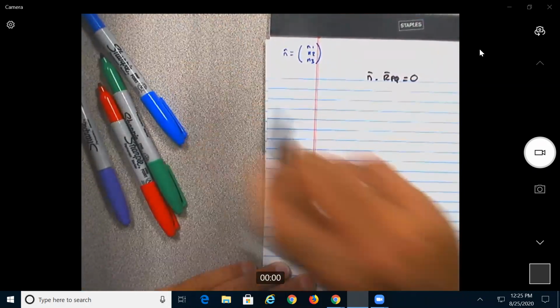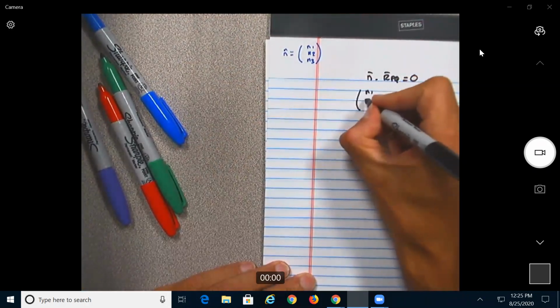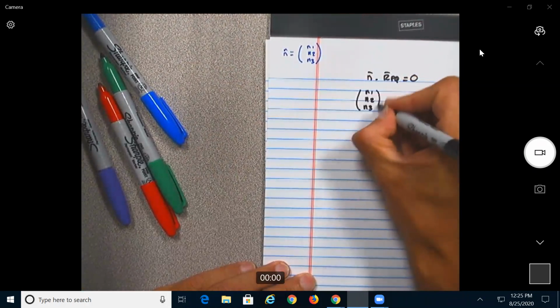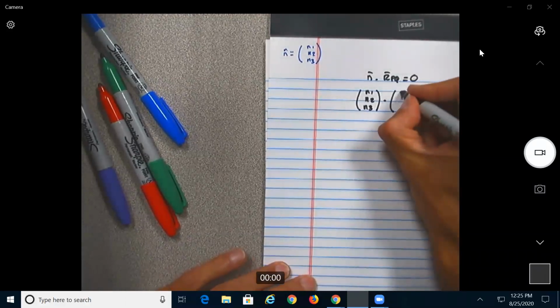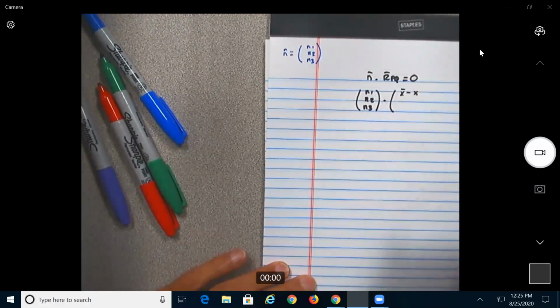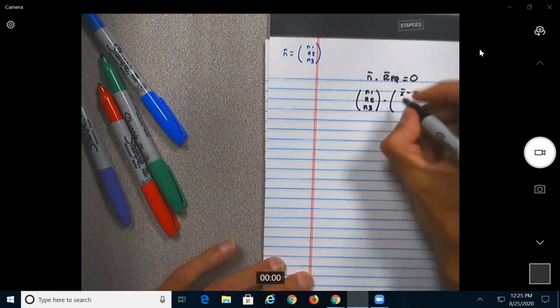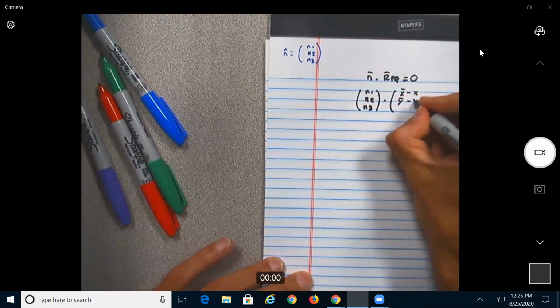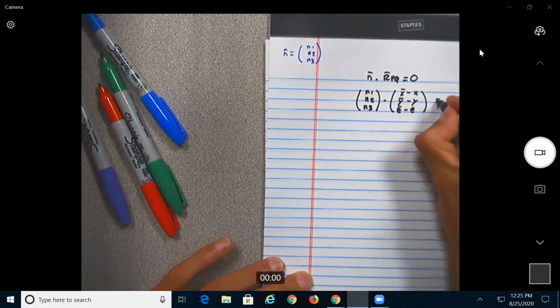So we have what? n1, n2, n3 dot PQ will be equal to what? Will be equal to X bar minus X, correct or not? Coordinate X of Q minus X of P. Coordinate Y will be Y bar minus Y, Z bar minus Z, equal to 0.